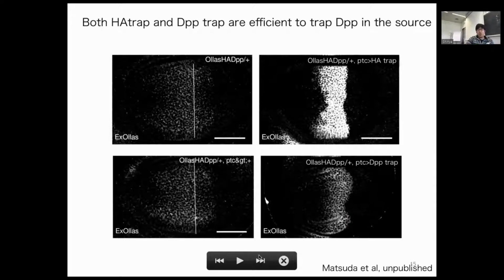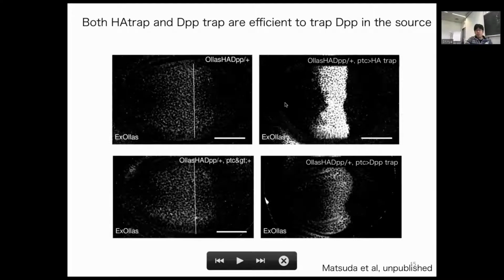Of course, we first wanted to characterize whether they can really trap and block dispersal of DPP. Basically the result is the same. In the control, you can see a nice shallow gradient of DPP. But if you express HA trap or DPP trap in the source, in the stripe, you see strong accumulation of DPP in the source.